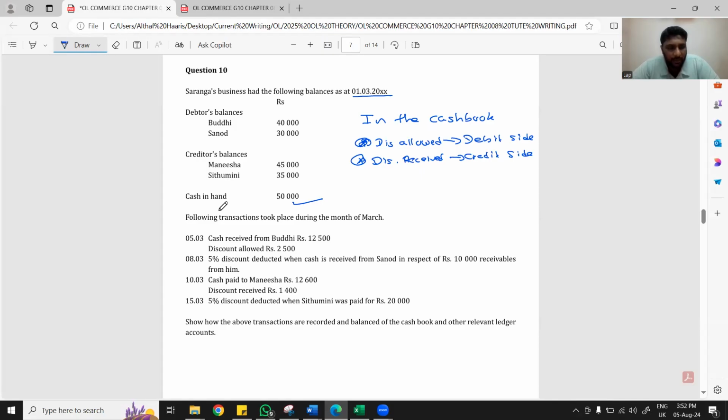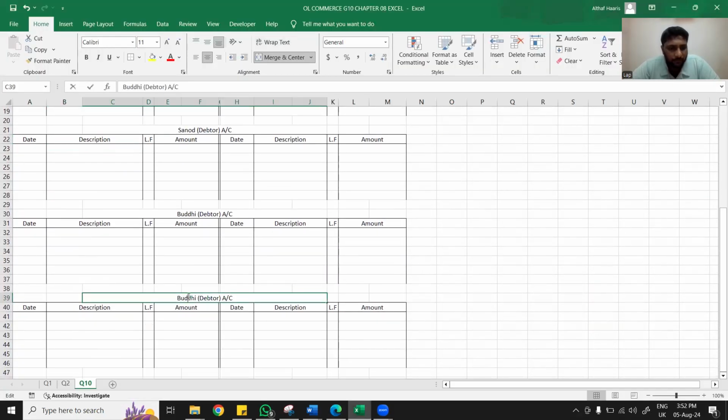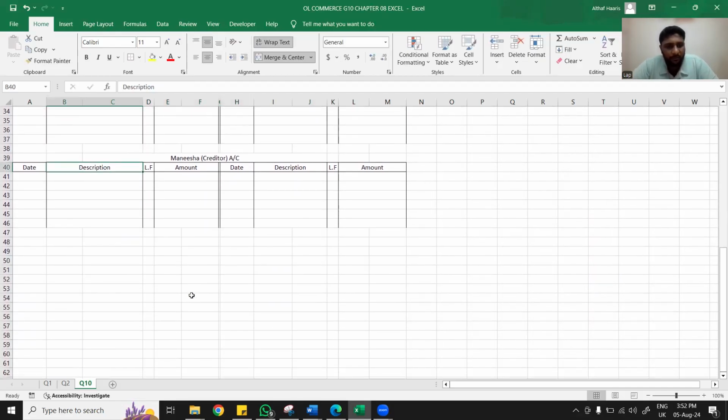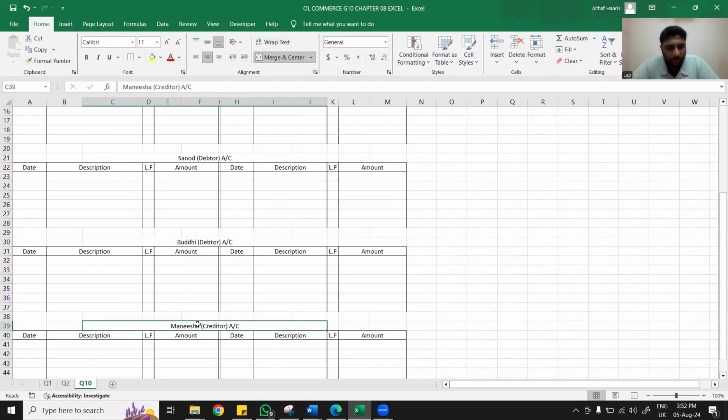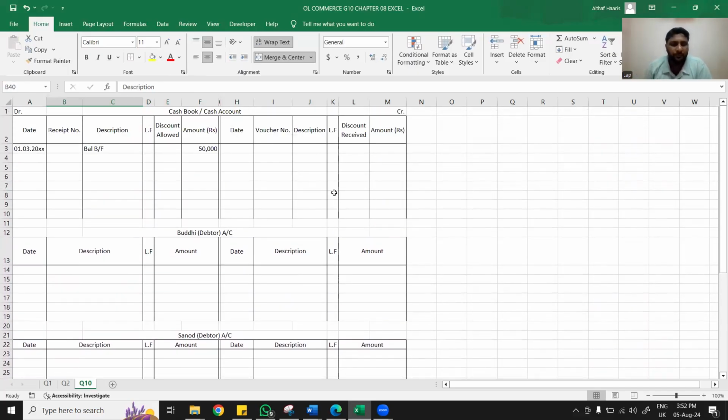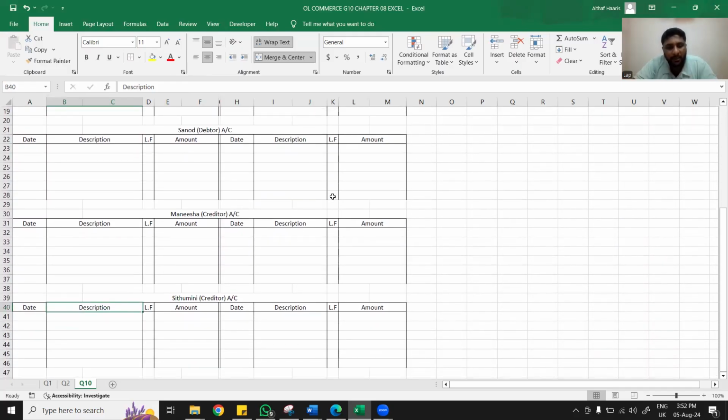Manisha and Situmini, creditors. So prepare all the accounts first, people: Buddhi, Sanod, Manisha, Situmini.